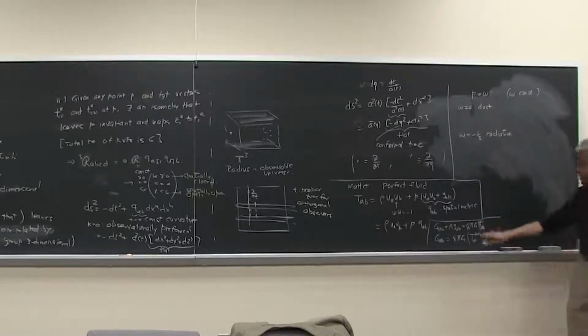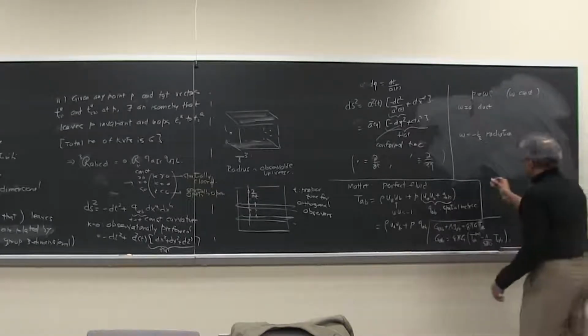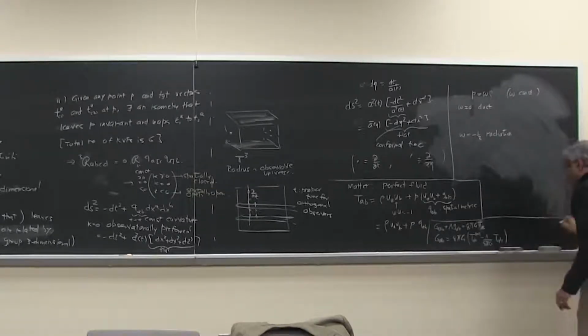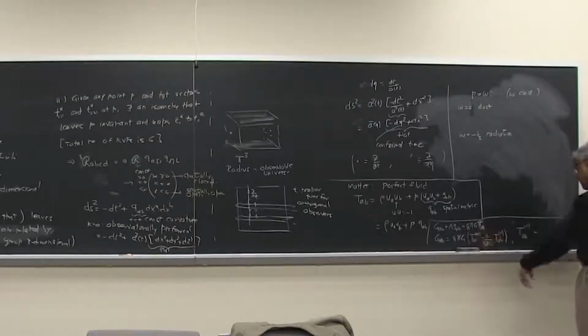And so we can treat the cosmological constant as a matter term if you want, just by moving it outside, where the effective cosmological constant stress tensor, if you like. You can think of this as the cosmological constant stress tensor.